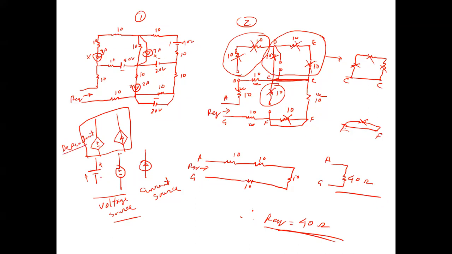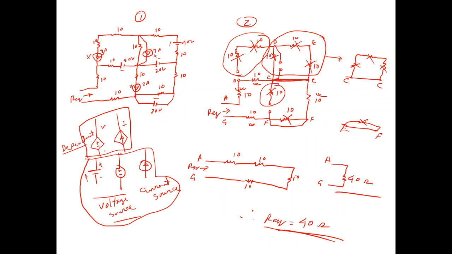This is the dependent voltage source and this is the current source. And these are independent. Okay, clear? All are clear?